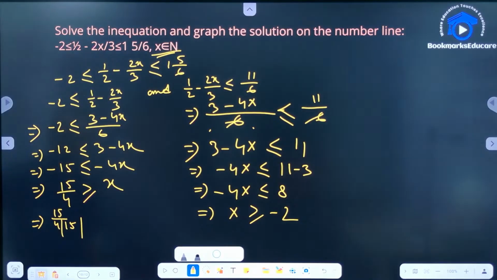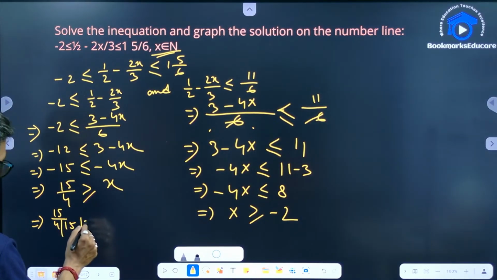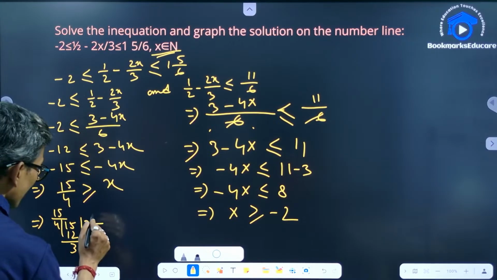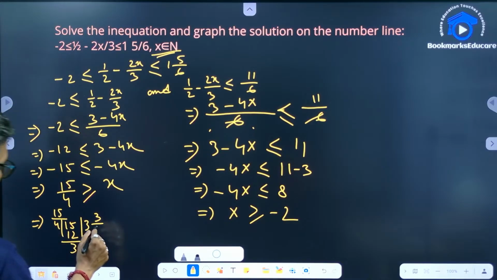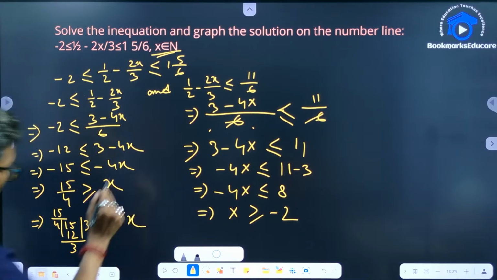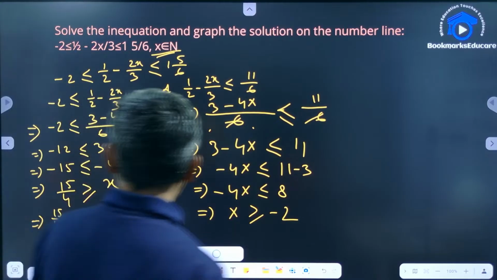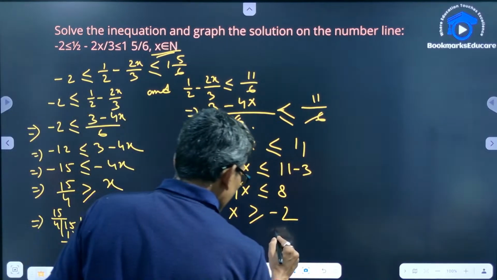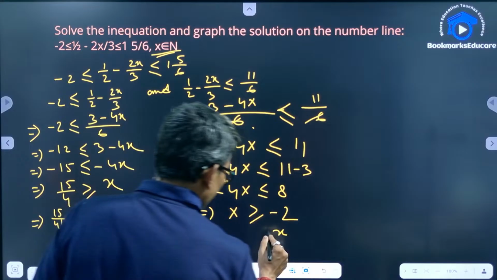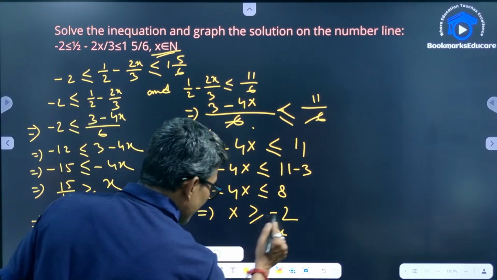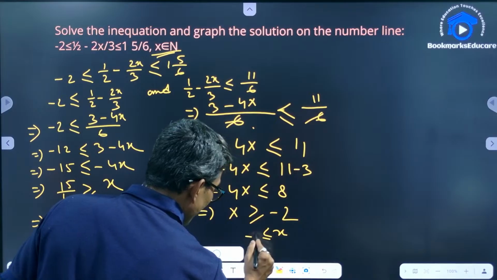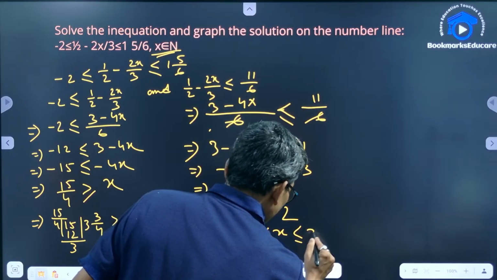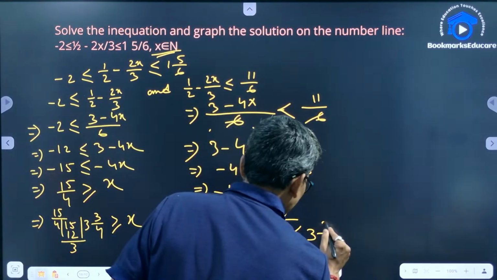Let us convert this into a mixed fraction, 3 whole 3 by 4. Now, what will the solution set be? x can be written as x greater than or equal to -2, and less than or equal to 3 whole 3 by 4.